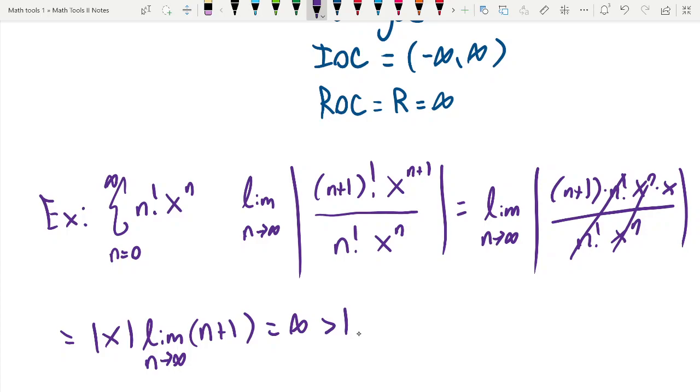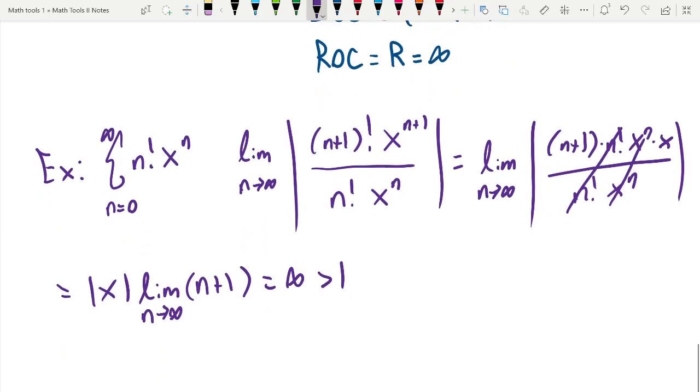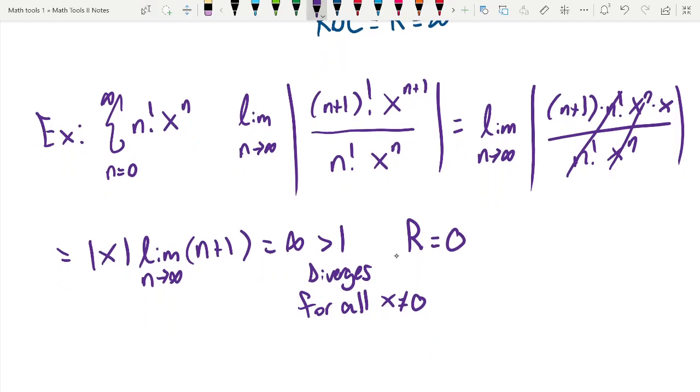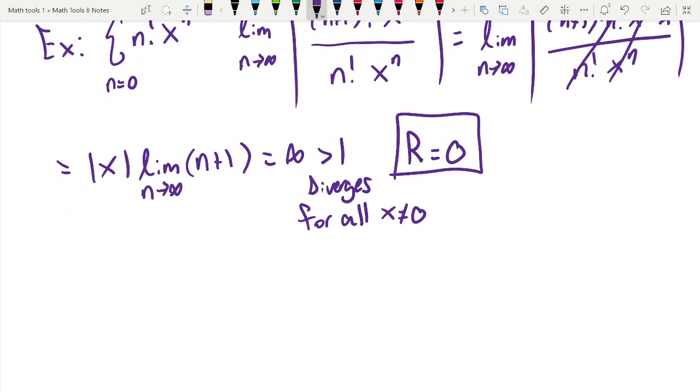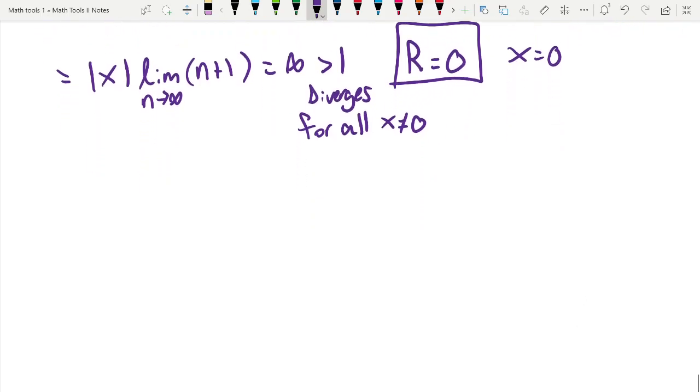So this means that it diverges for all values of x except for x equals 0. It's always going to converge for the value x equals 0. Okay. So we would say that R is equal to 0. So it diverges for all x not equal to 0. Okay. So this would be our final answer here. You can't really write it as an interval. It's just one value. So you could just write x equals 0 for your interval of convergence if you want to.